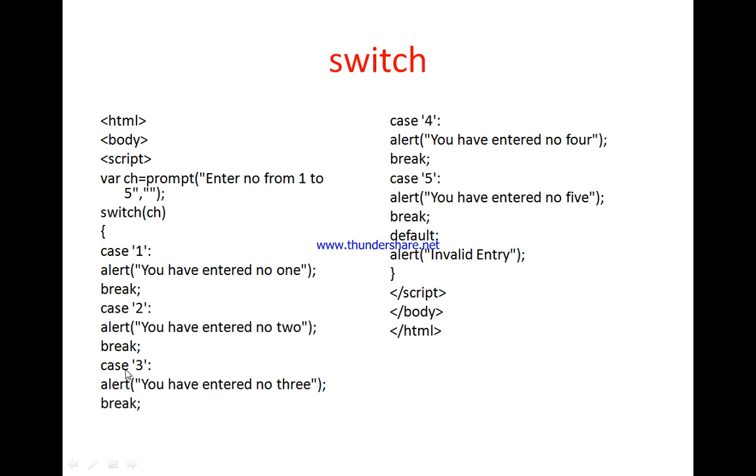No. Does it match 3? Yes. It matches 3, so it executes you have entered number 3, and after that the break statement occurs. Because of that, the remaining part of the switch block will not be executed, and it executes the external statement which is present outside of the switch block.